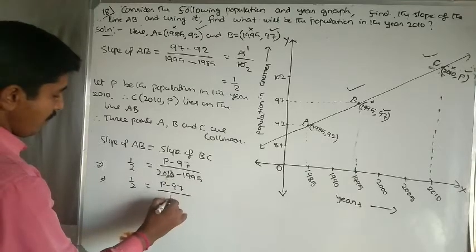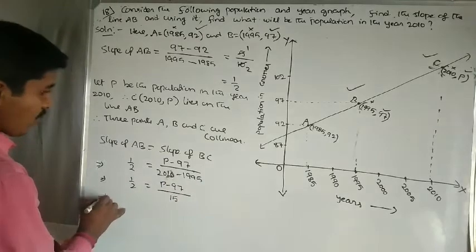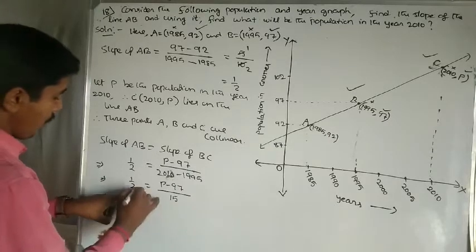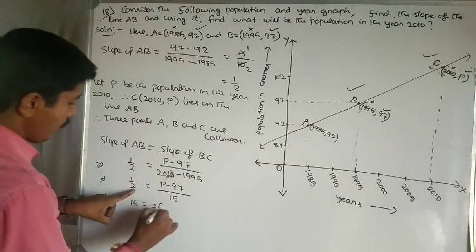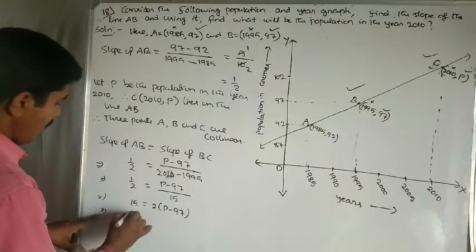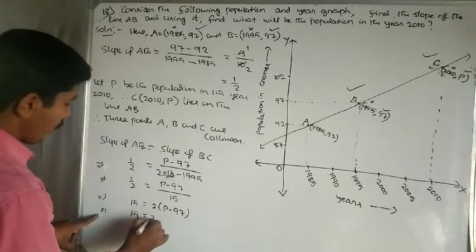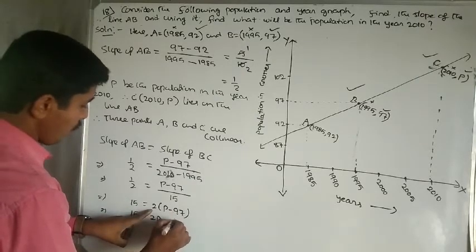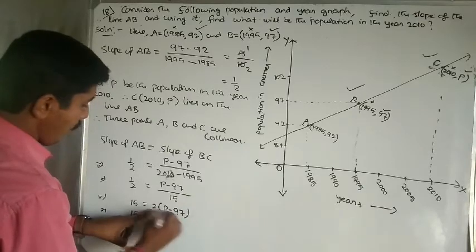Simplify: half equals (P minus 97) divided by 15, since 2010 minus 1995 is 15. By cross multiplication, 15 equals 2 into (P minus 97), which is 2P minus 194.